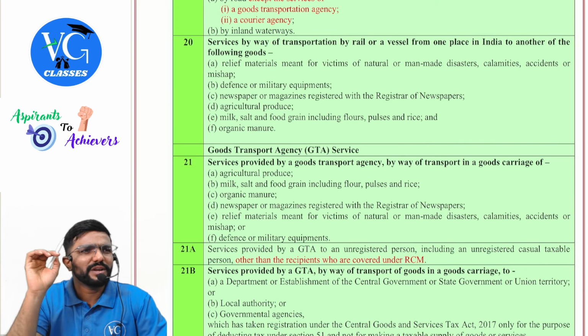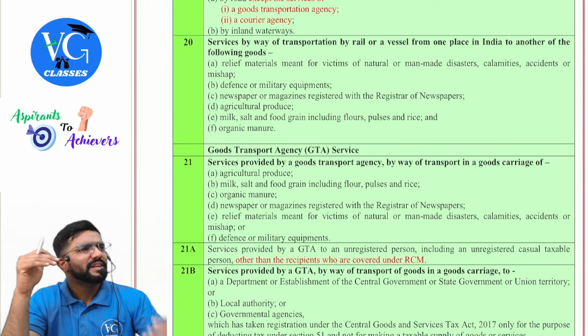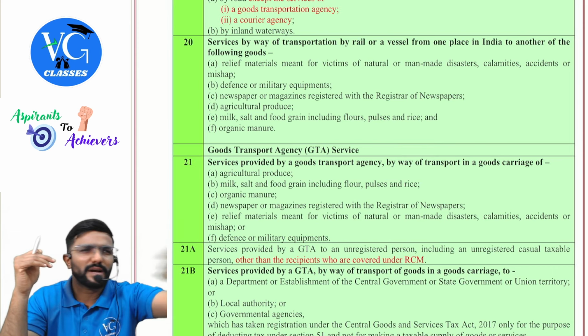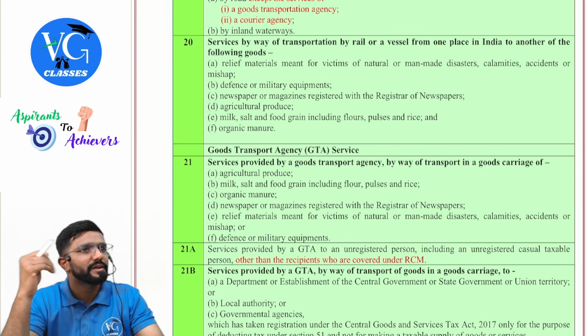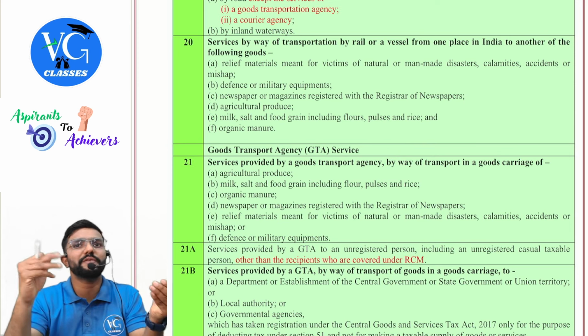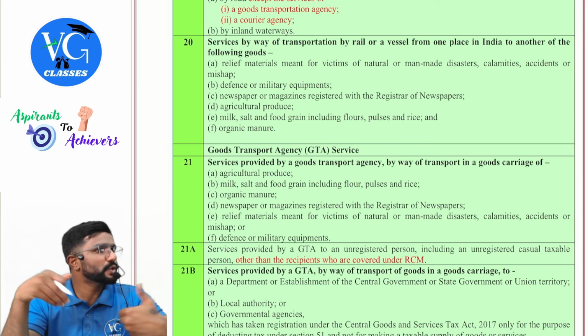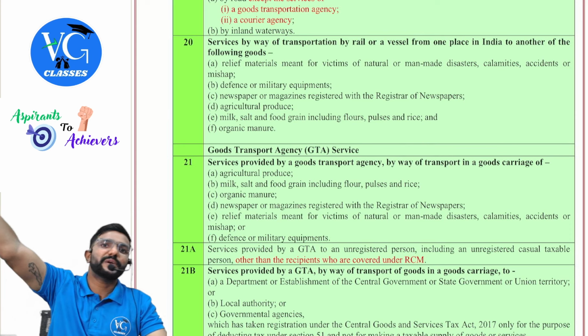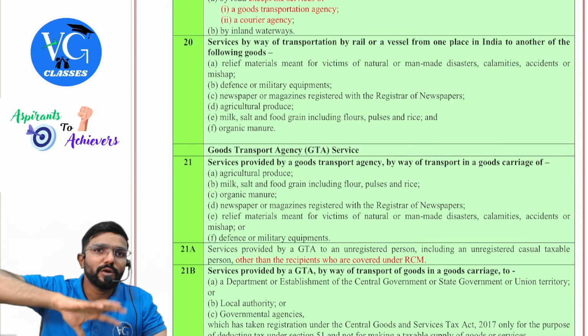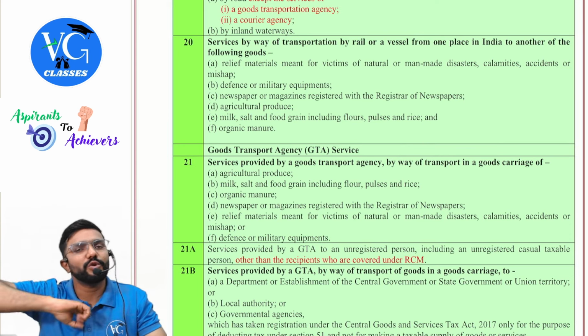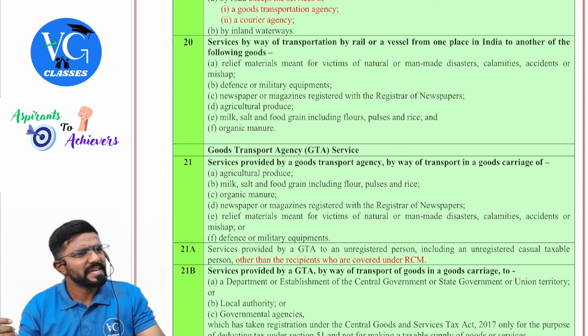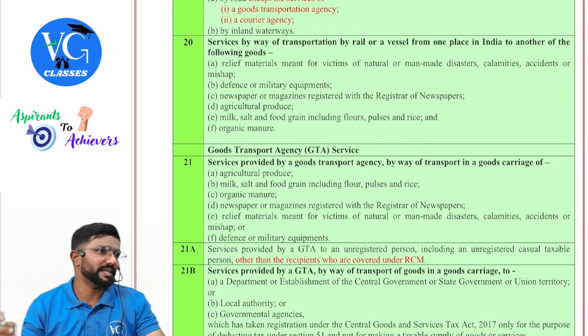Defense or military. You would have seen, especially when there is a flood, in Wayanad or Assam or Odisha, anywhere problems happen, a lot of volunteers come forward to collect food, clothes, or anything, and send it to the respective place to help the people. Now assume these items have been transported through rail or vessel. Is it liable for GST? No, guys.